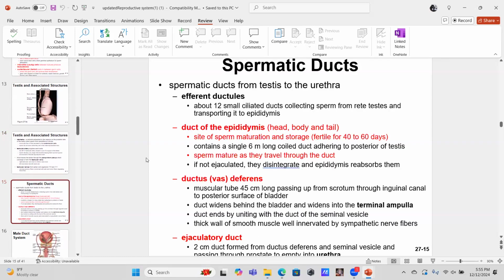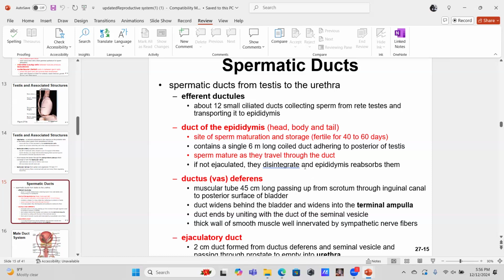Now, again, once we are producing the sperm, it goes to the epididymis where the sperm cells are going to mature. They stay fertile for 40 to 60 days. And if there is no ejaculation, those cells will get reabsorbed and die off. If there is, then obviously the sperm cells are going to be functional.